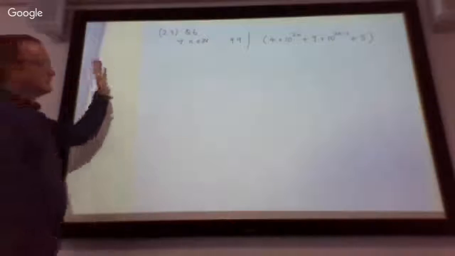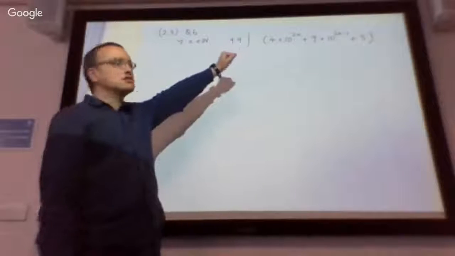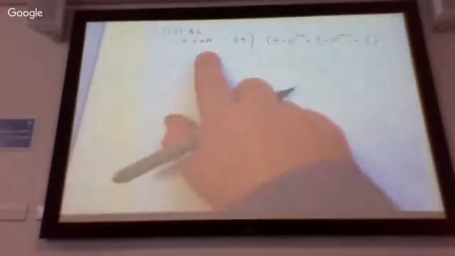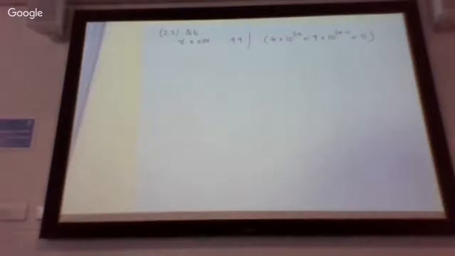Okay, this screams out to use induction. It's an infinite set of statements indexed by the natural numbers, so a clear candidate for induction.